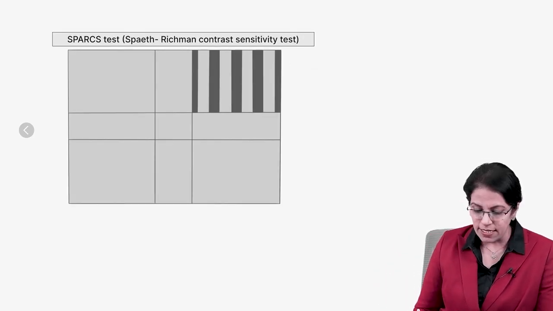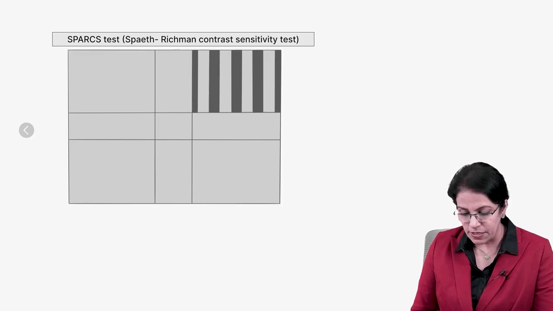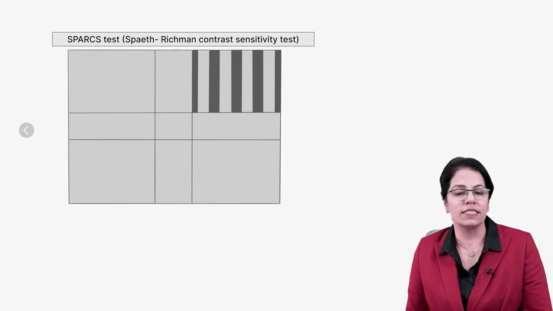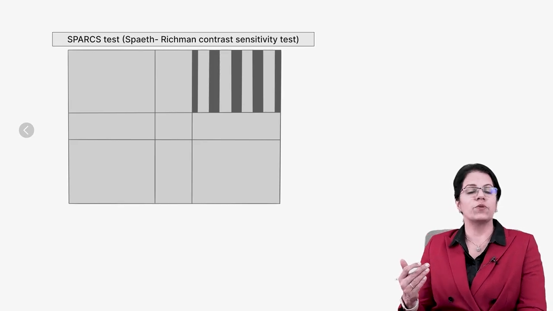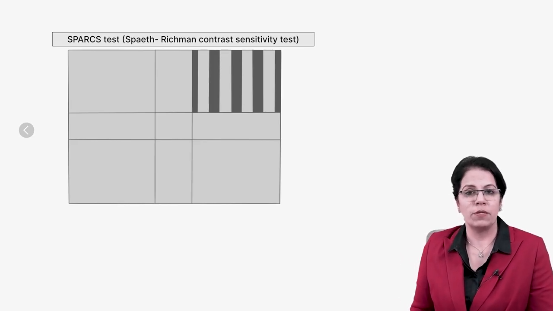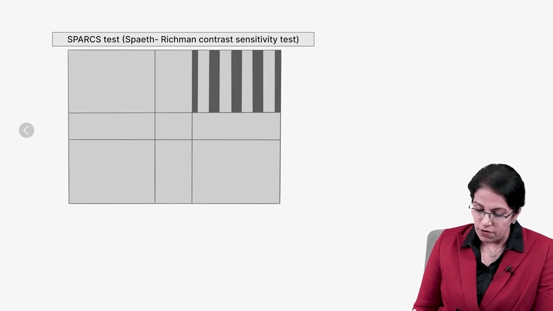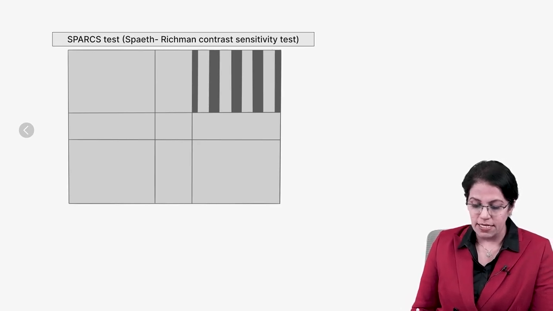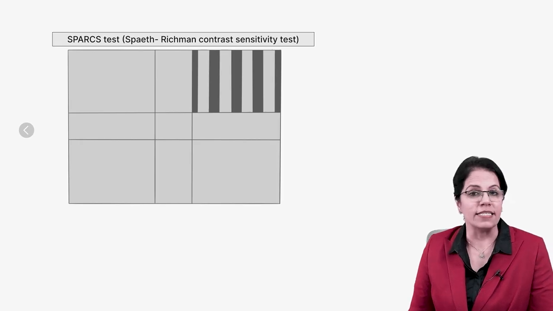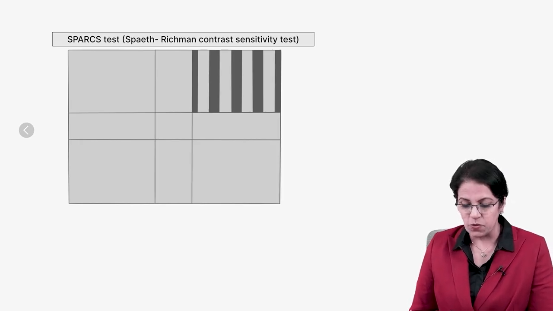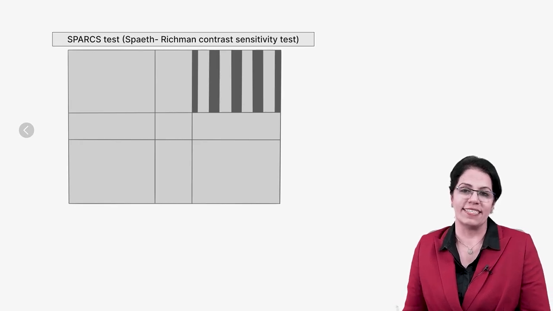Okay, lastly, this is Sparks test. Sparks test is the Spaeth-Richman contrast sensitivity test. It is specifically useful for people who are mentally retarded. The person has to just see and tell where he can see the gratings, like in this case, in which square we can find the gratings.